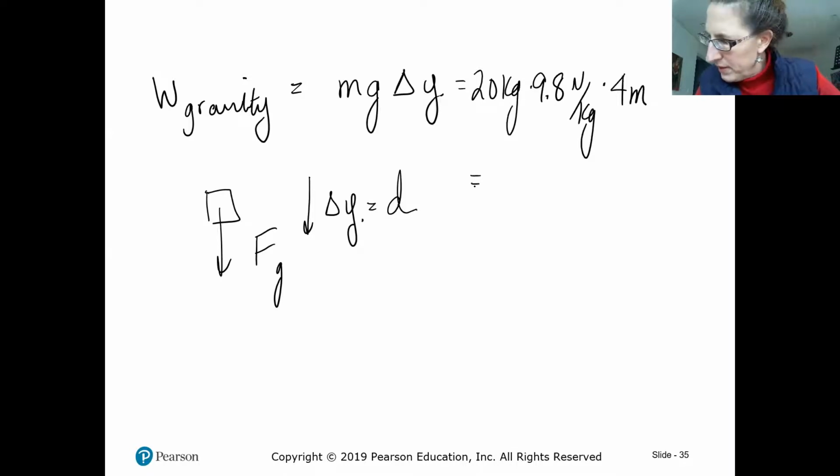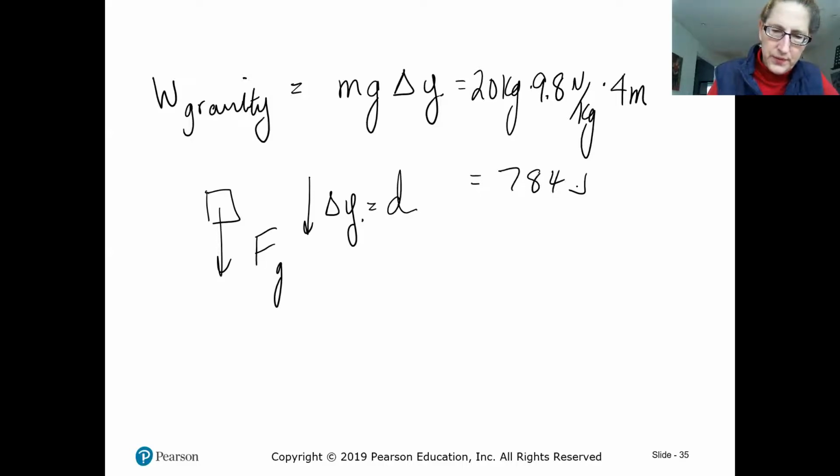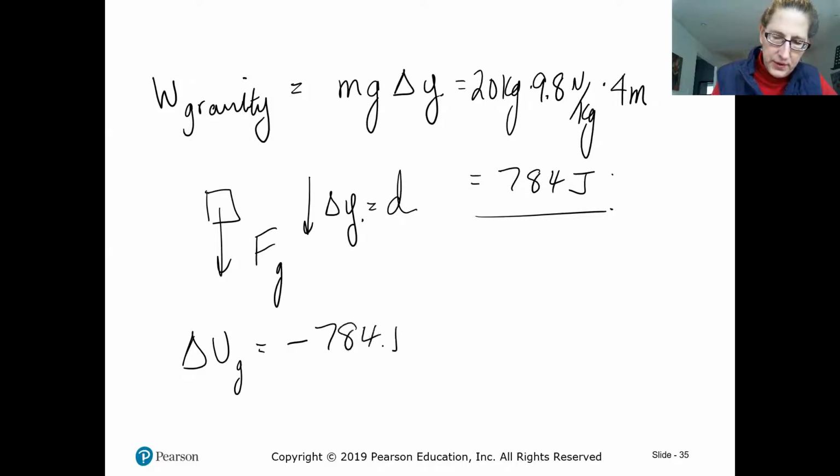Okay, and so let's work that out. Okay, 784 joules. Now, the change in potential energy, which is the negative of the work done, would be negative because it goes down. And so this would be -784 joules.